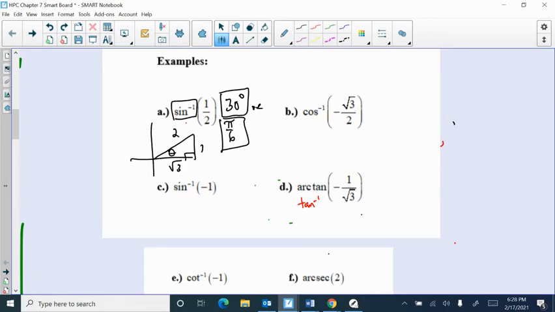Okay, so the next one, inverse cosine. Another way that we can think about that is arc cosine, right? And so, drawing that triangle. Okay, so draw me a triangle of arc cosine negative. So I already know it's going to be in quadrant 2, so it's going to be an obtuse angle, and cosine is adjacent over hypotenuse.